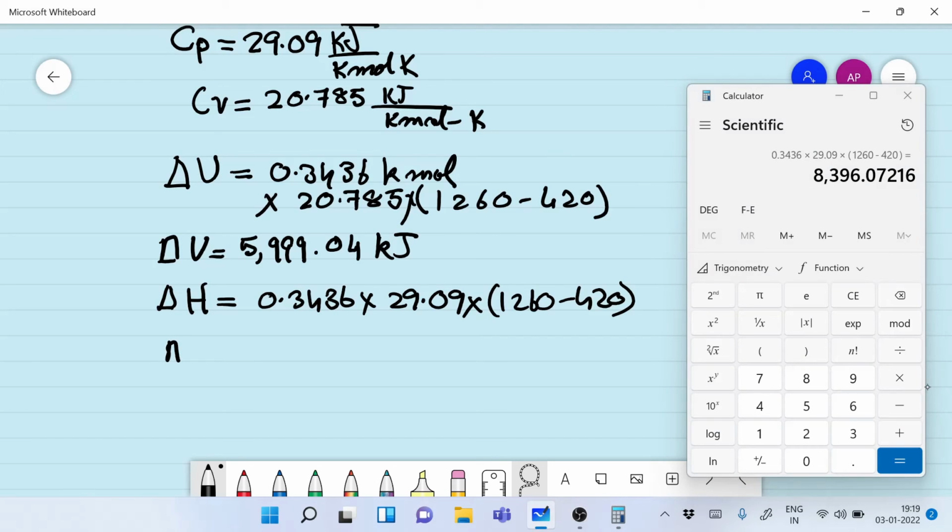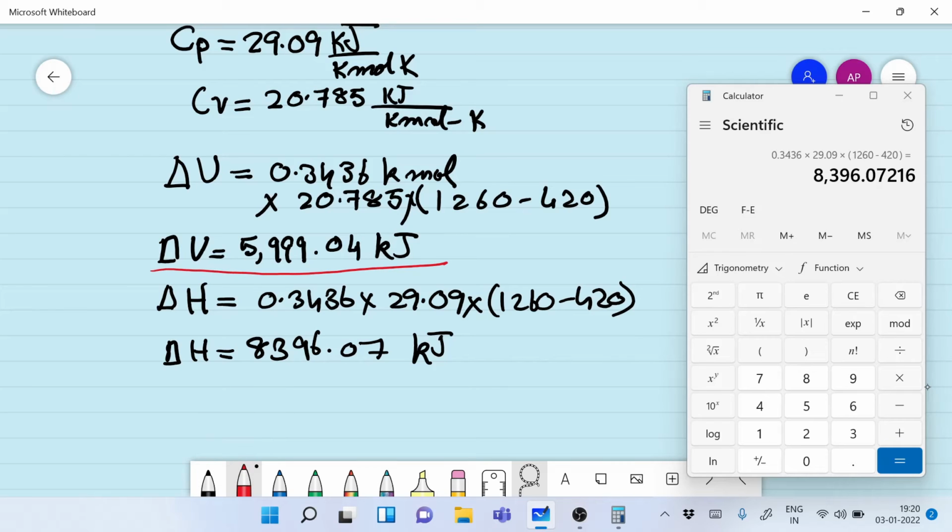That makes delta H equal to 8396.07 kilojoules. So we have the two answers.